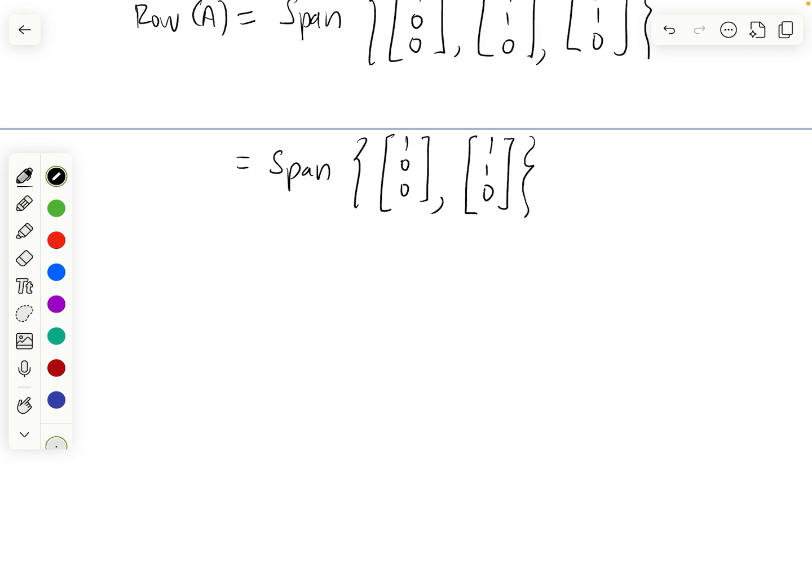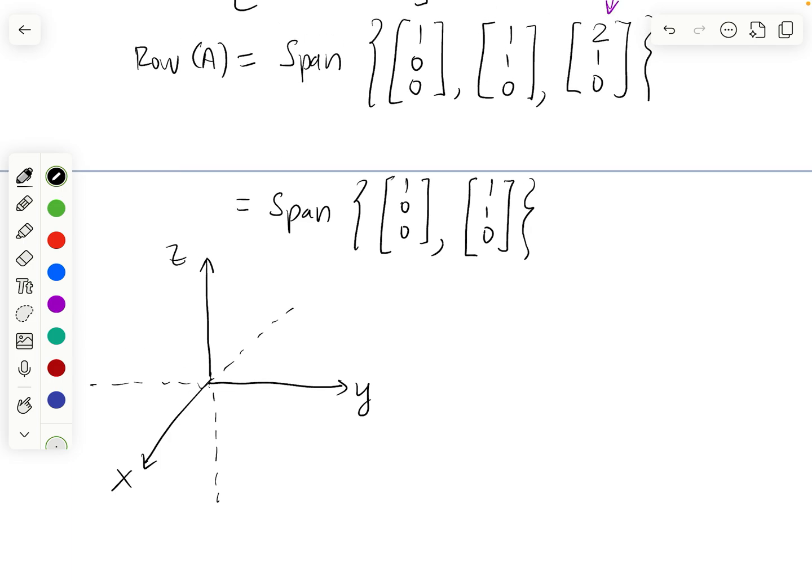Actually, what do you think this plane looks like? So here's R3, x-axis, y-axis, z-axis. What do you think the row space of A, which plane is this row space?